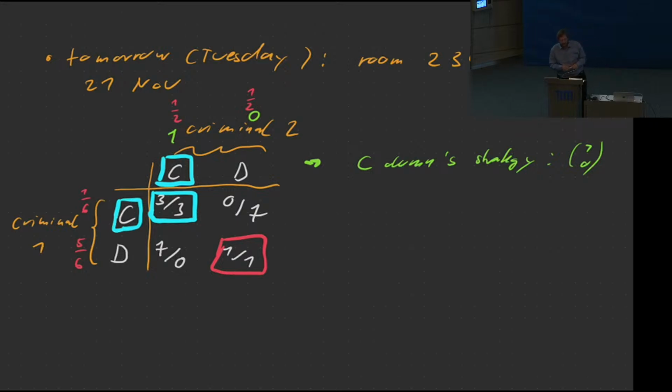Probability of 1/6 for confessing, and probability 5/6 for denying. And it just means you don't fix a strategy ahead, but you assign probabilities. And then, when you have to make a choice, you make some kind of experiment to determine which of these strategies will actually be selected.